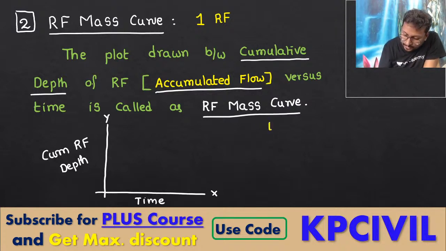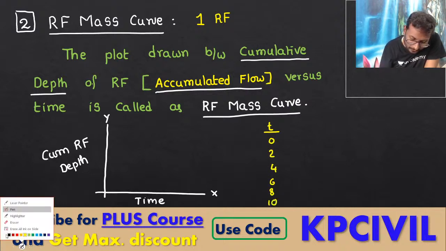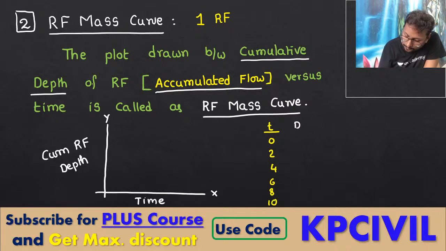For a single rainfall, we'll take here a 10-hour rainfall that occurred, and for these 10 hours, each 2-hour duration we have plotted.